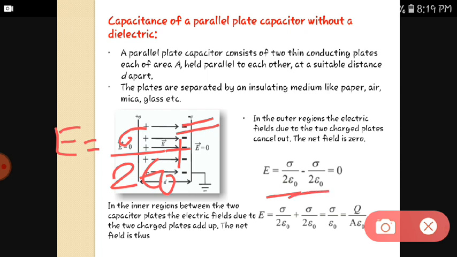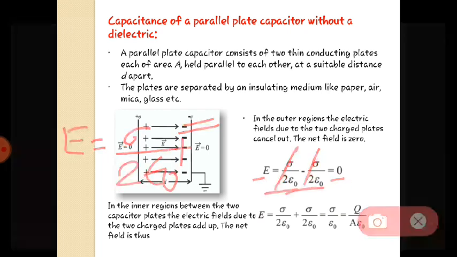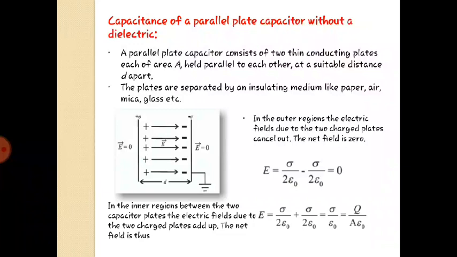So it becomes minus sigma divided by 2 epsilon 0. So what happens over here? They both cancel out, so you are getting E as 0. So the electric field outside the metal plates is 0. The outer region of the plates has 0 electric field.